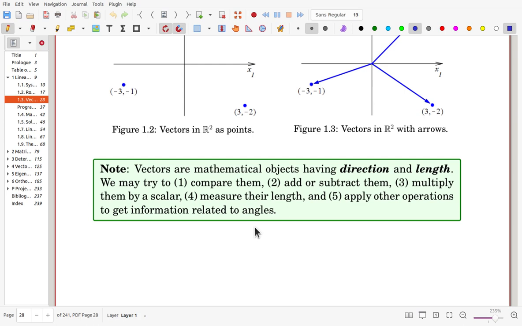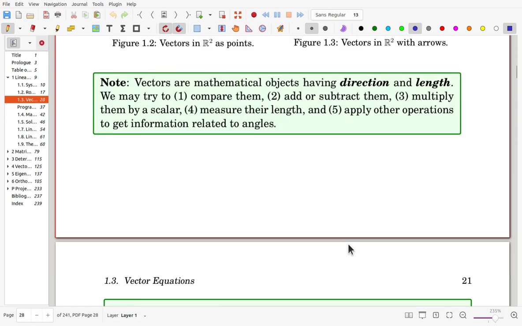So here, 1, 2, 3, 4, 5, we'll consider such kinds of operations. Anyway, vectors are mathematical objects having direction and length. Okay?